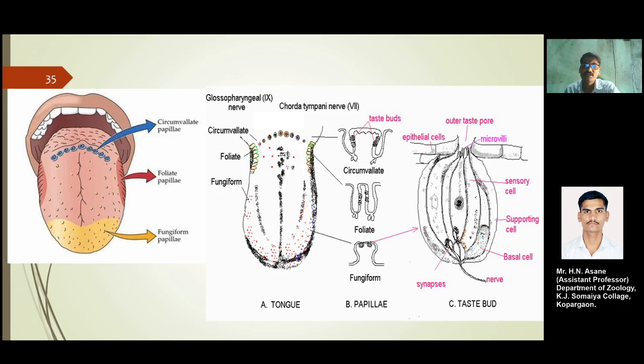Then the brain connects with the taste, okay. So these are the taste bud structures, with the epithelial cells, the outer taste pore, the microvilli, sensory cells, supporting cells to the sensory cells, and the basal cells.